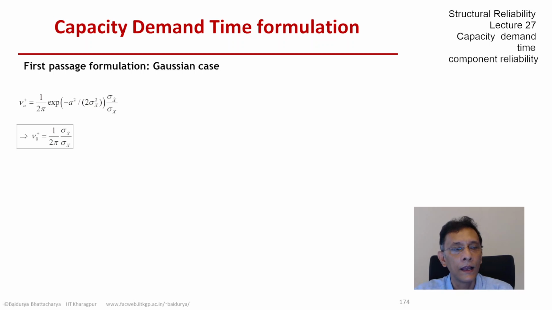Now, if we specify that the barrier A is 0, and you can guess why we are doing that, because we defined failure as the crossing of the barrier 0 by the safety margin.